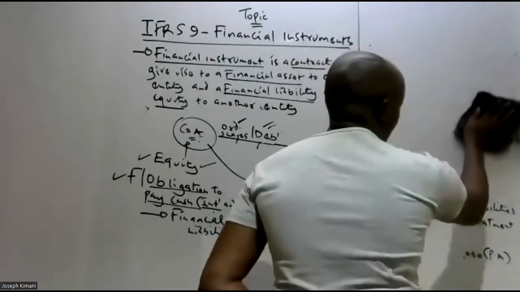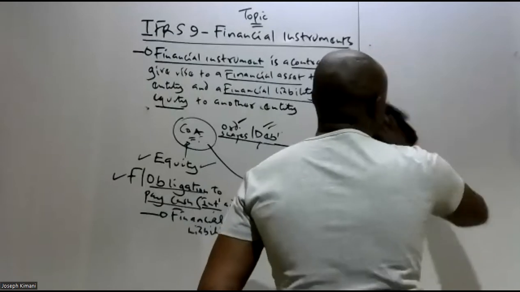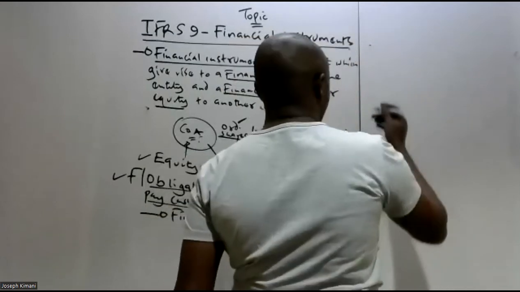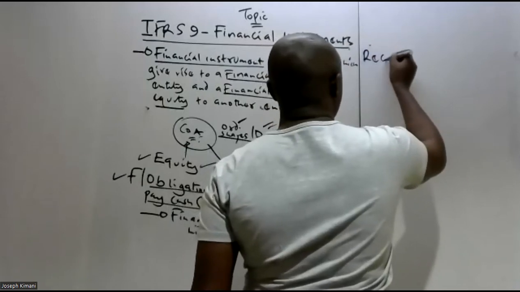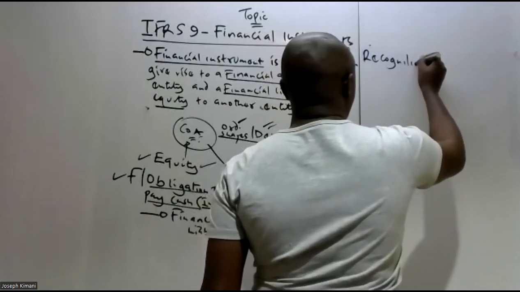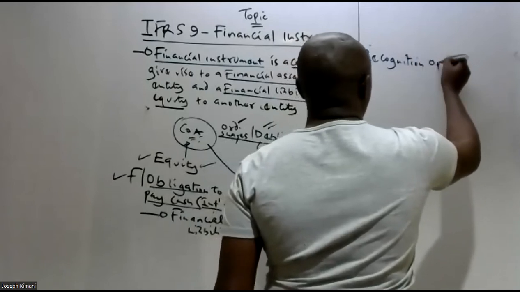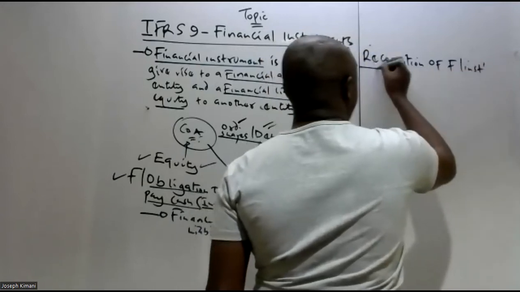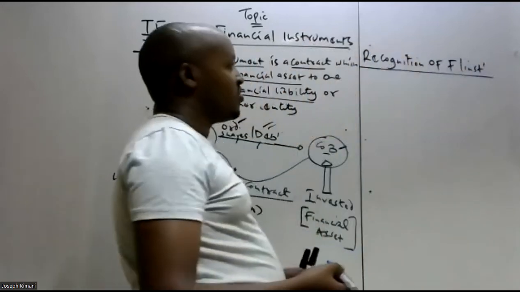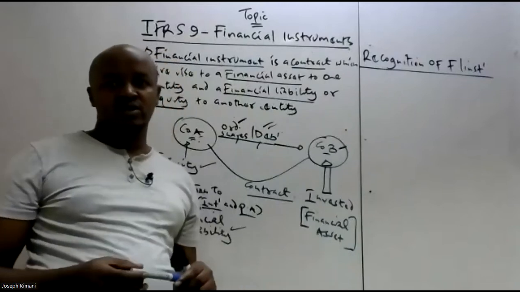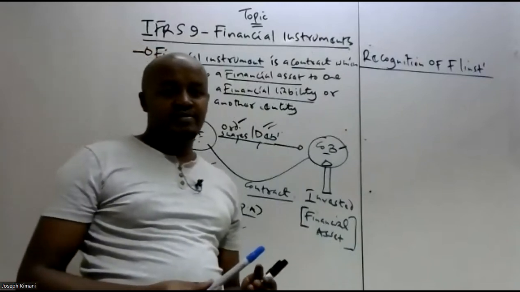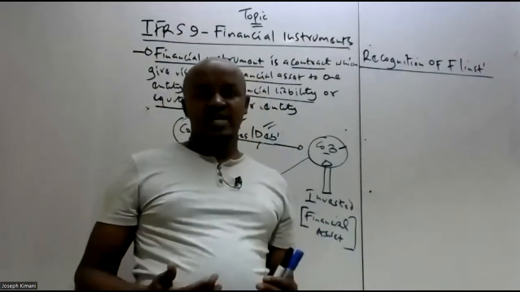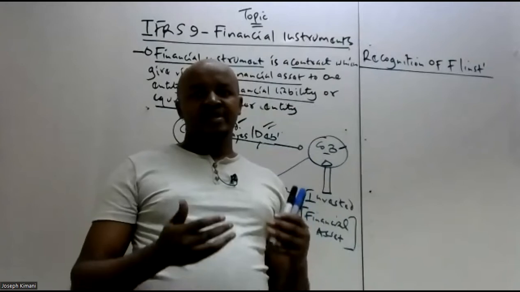We start by looking at what we refer to as recognition of a financial instrument. Now, what do you mean by recognition of a financial instrument? Recognition of a financial instrument, basically, is a process through which a company will recognize, will record a financial instrument in its books of accounts.